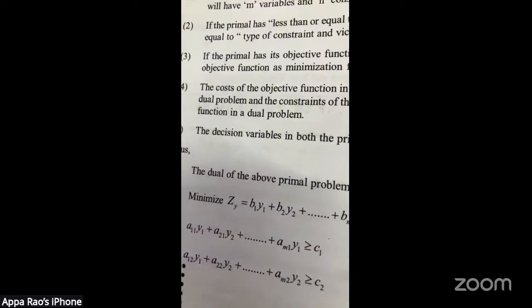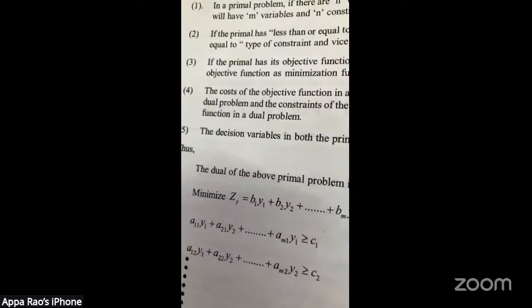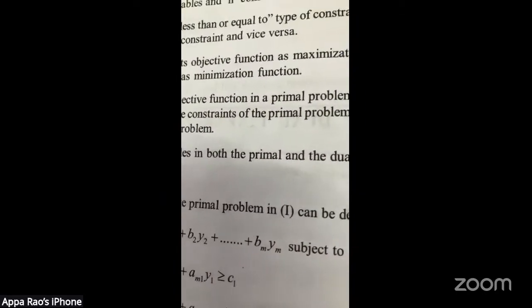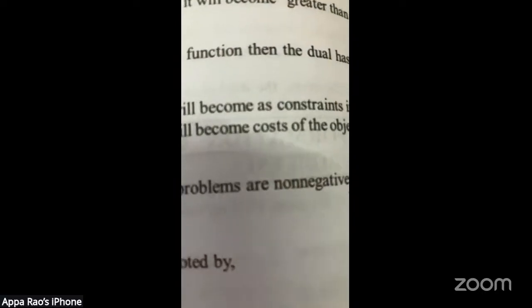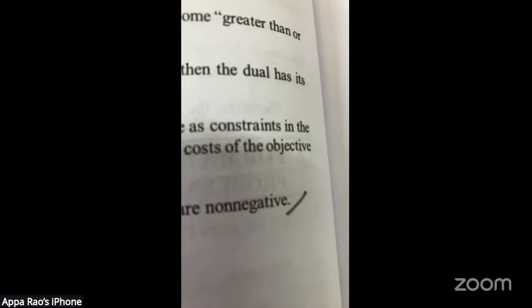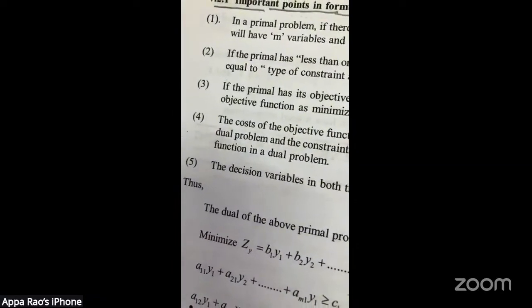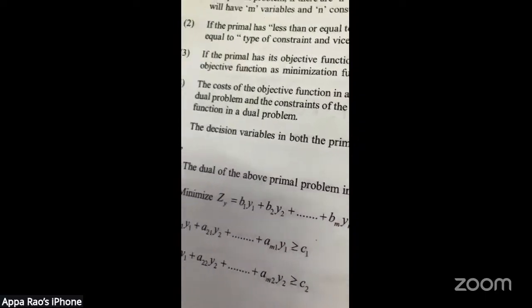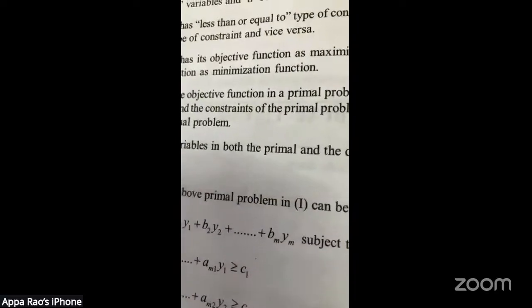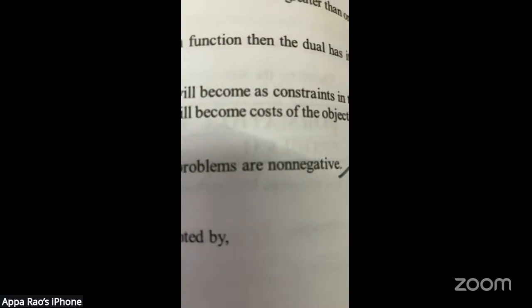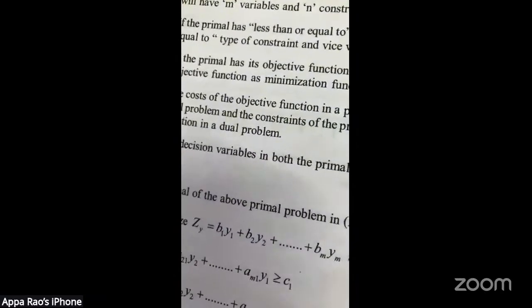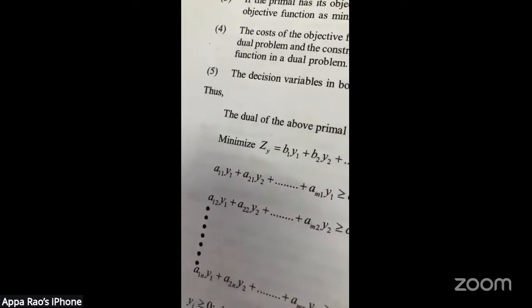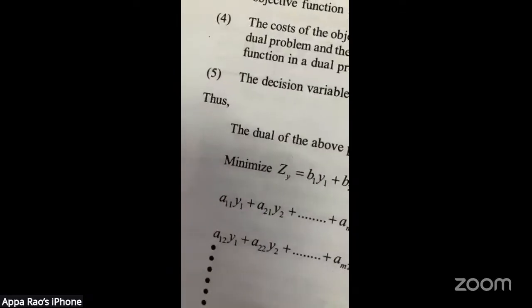Third one: if the primal has its objective function as a maximization function, then the dual has its objective function as a minimization function.